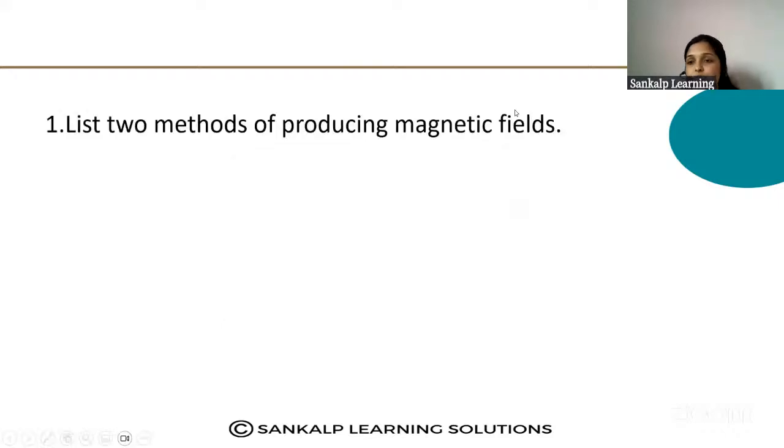So till now, students, we have discussed some multiple choice questions from this chapter. Let us discuss some short answer as well as long answer questions from this chapter. Let us start with the first question. List two methods of producing magnetic fields.